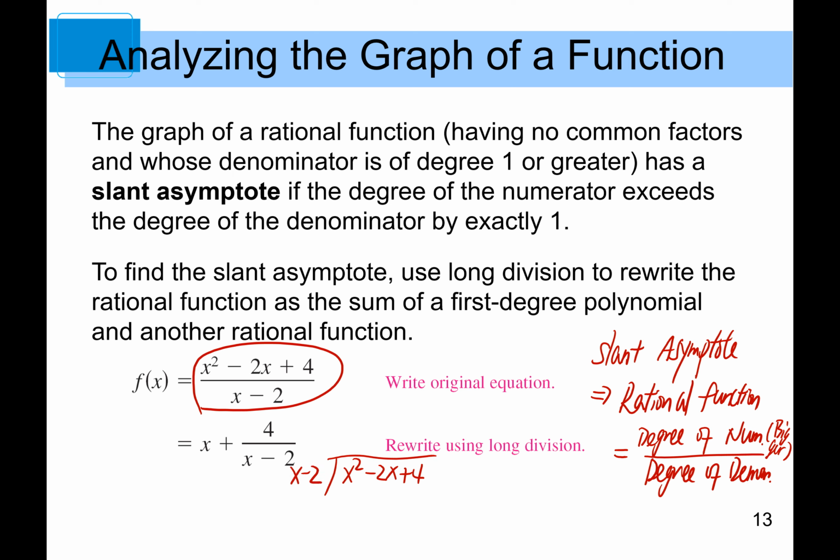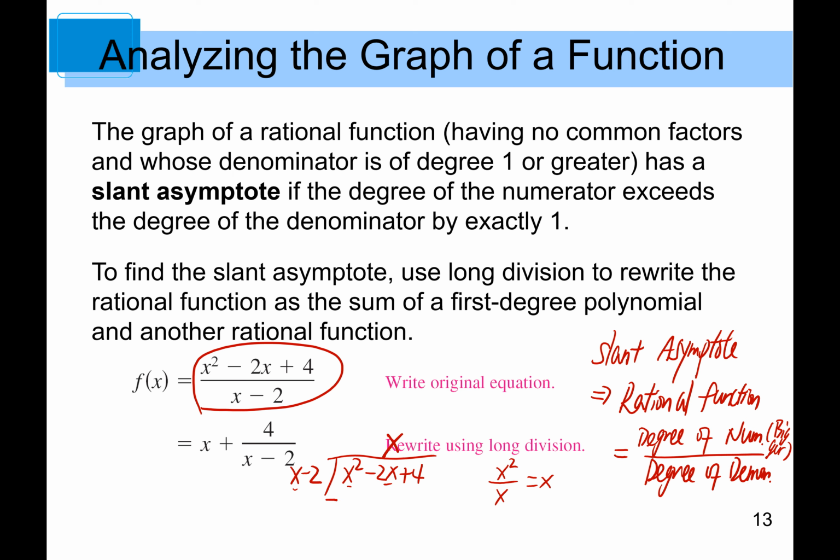You take the leading term in your dividend divided by the leading term in your divisor. So we're going to do x squared divided by x, which gives us x. That means you're going to put x here.